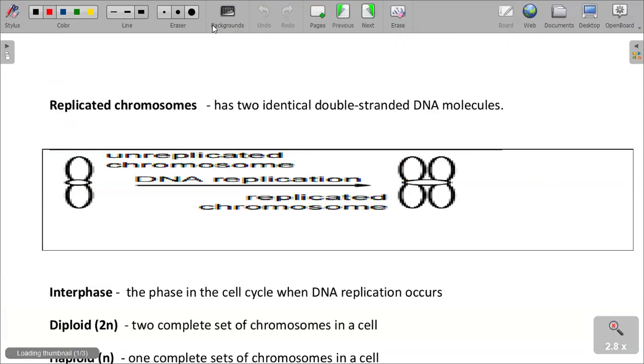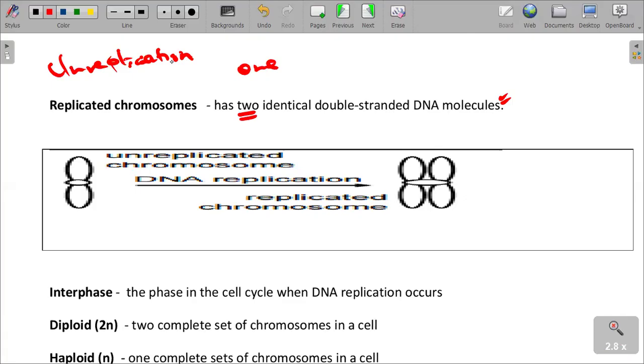There's a diagram here that you are going to see. And then a replicated chromosome has two identical double-stranded DNA molecules. It has two, and unreplicated has one. I'm sure that you remember replication. I just had a lecture last time on DNA replication, producing a copy identical to the original.